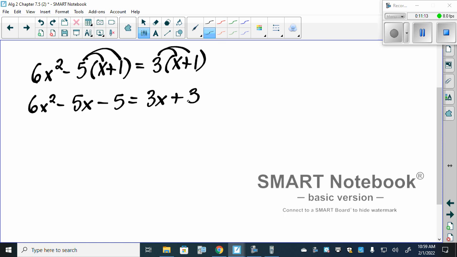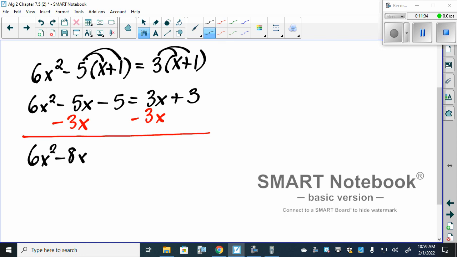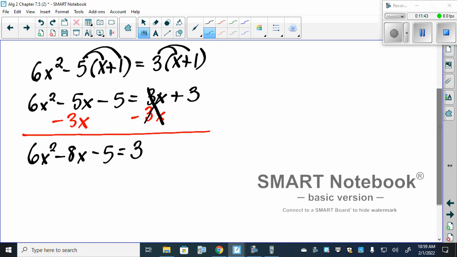Now we need to get this equation equal to 0 because we do have an x squared. So the first thing we can do is subtract 3x from both sides. And if we subtract 3x from both sides, we get that 6x squared minus 8x minus 5 is equal to 3, because these would cancel out.